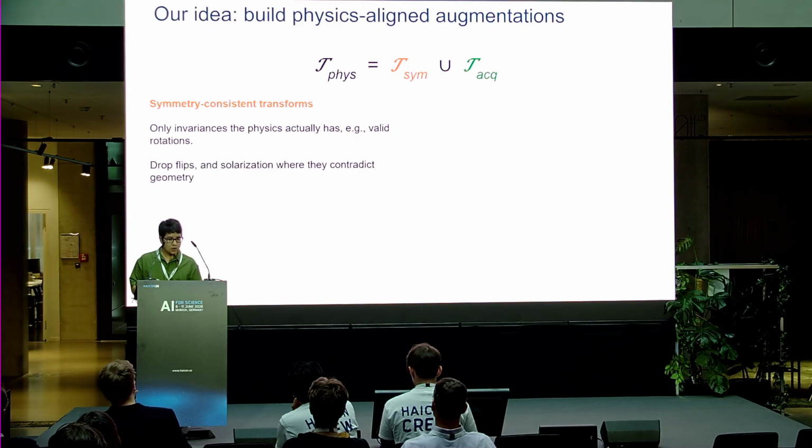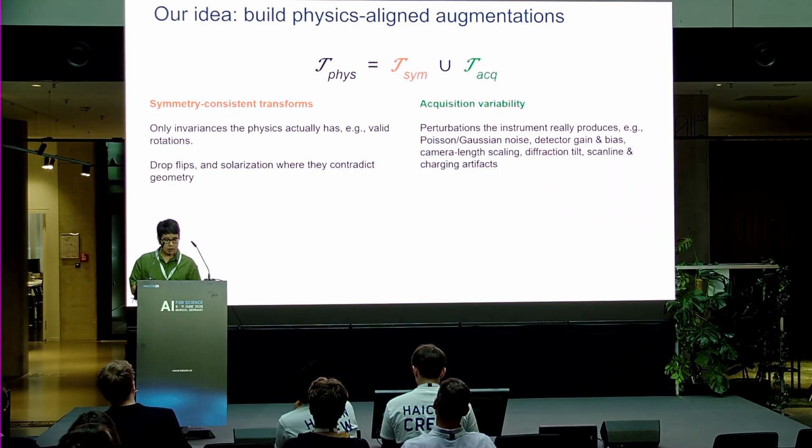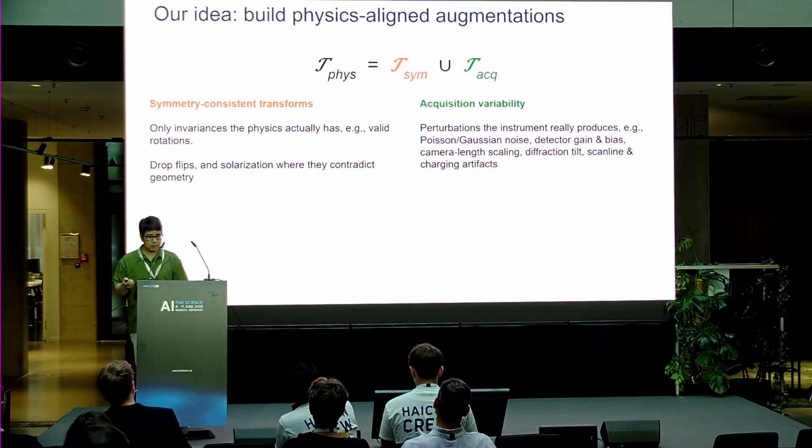That means we design augmentations that are symmetrically consistent, for example, rotations, but we drop those that destroy the physics behind scientific images. And also, we take into account the acquisition variability, for example, perturbations that are produced during image acquisition.